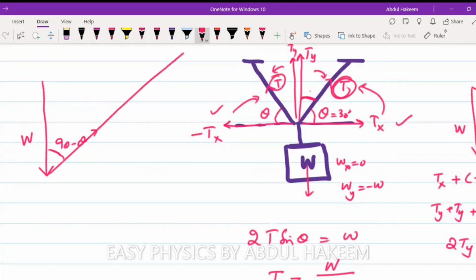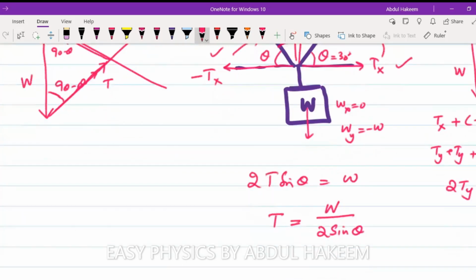Similarly for this one, this horizontal angle is theta, and the vertical will be 90 minus theta. So again here 90 minus theta. So this line will represent the tension at the right side, and this will represent the tension at the left side. So by the scale drawing, we can determine the tension in each, or calculate it from this one.